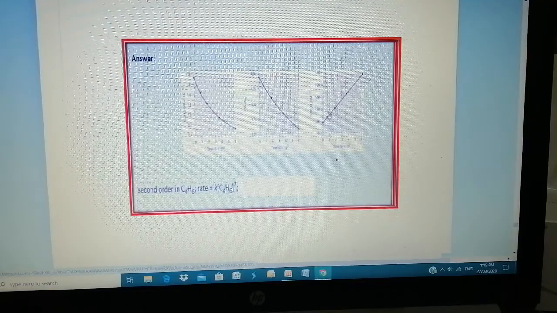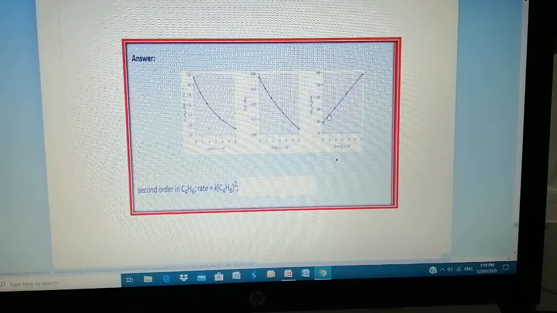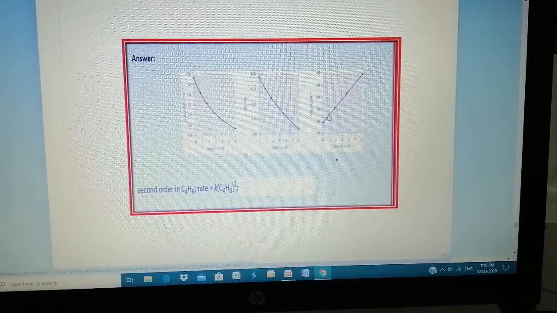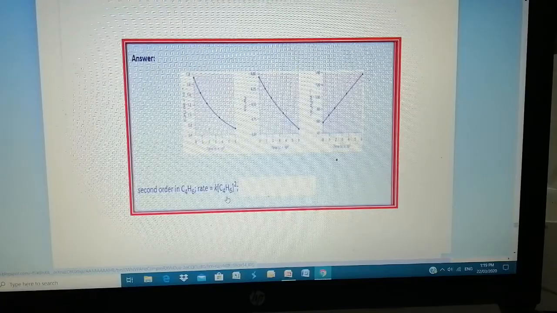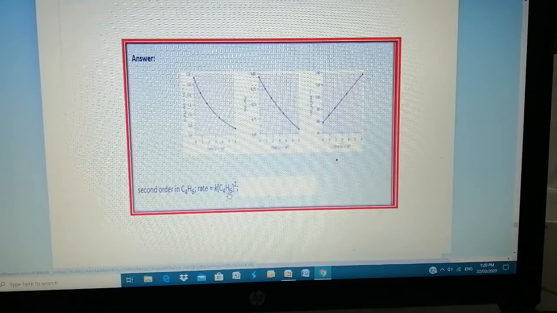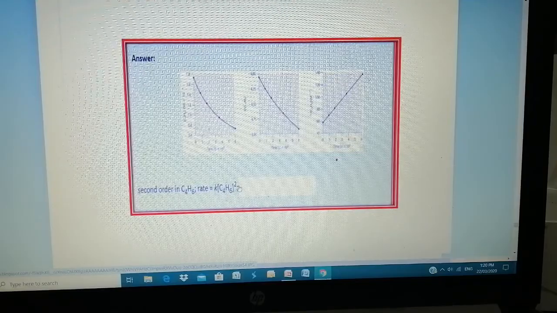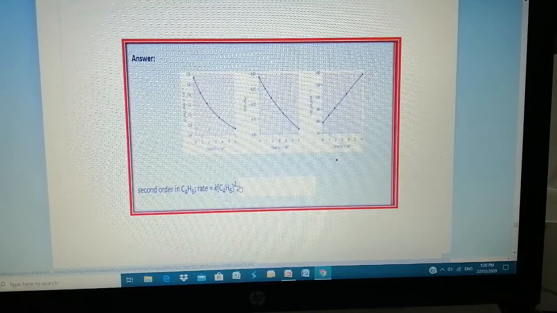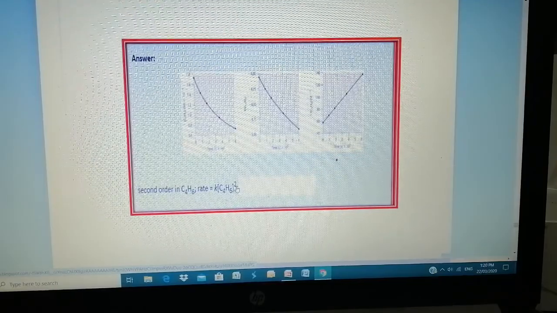So we draw 1 by concentration versus time for a second order reaction. So this will be a second order reaction, and rate equals K multiplied by the concentration of C4H6 raised to 2. So the overall order of this reaction is 2.